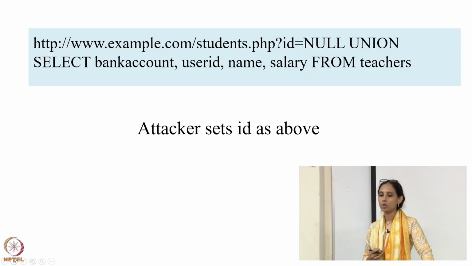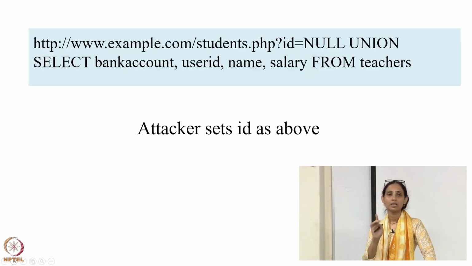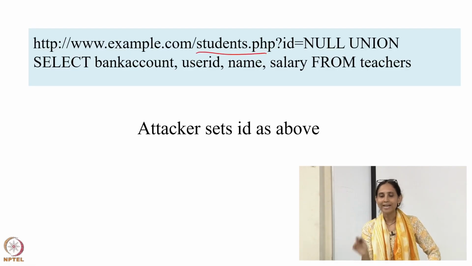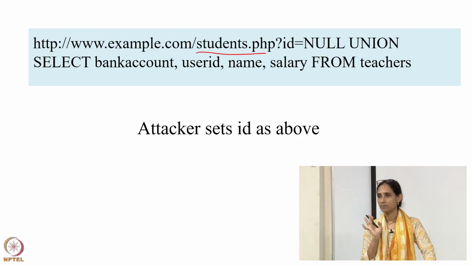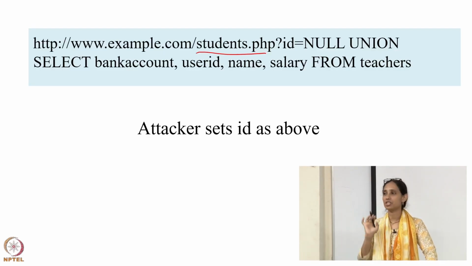Remember, there is a table called students, there is a table called teachers. As an end user, the students.php ideally is supposed to access only the students table, but now by doing something else, I am now going to access the teachers table.